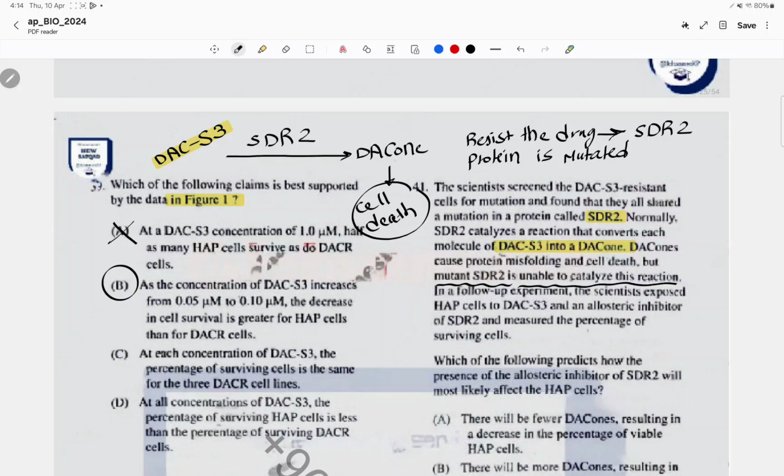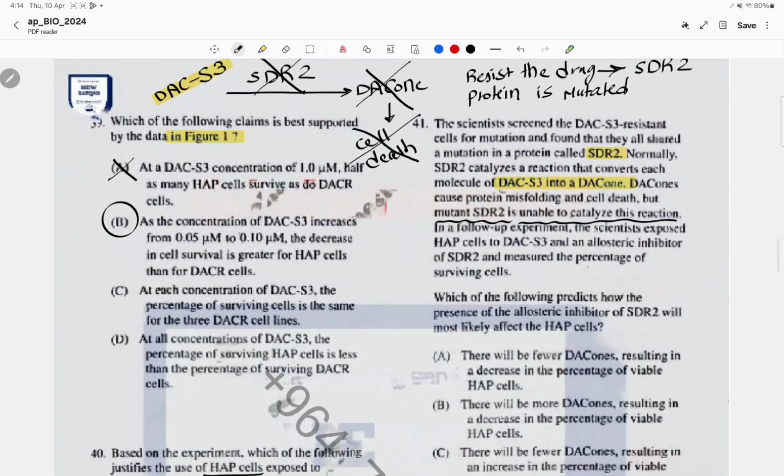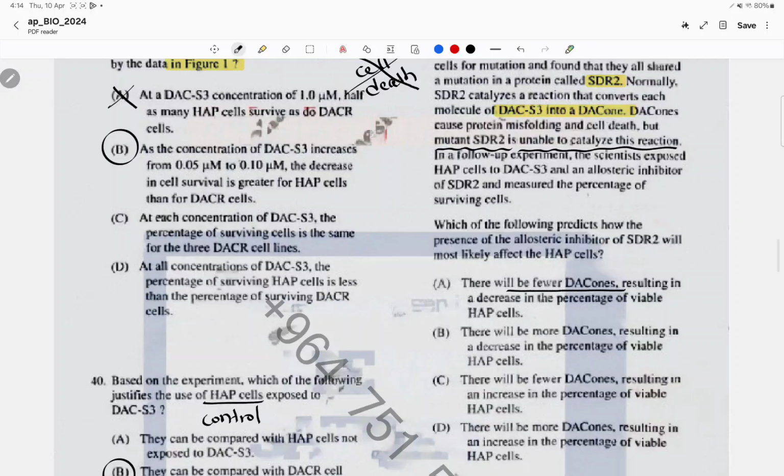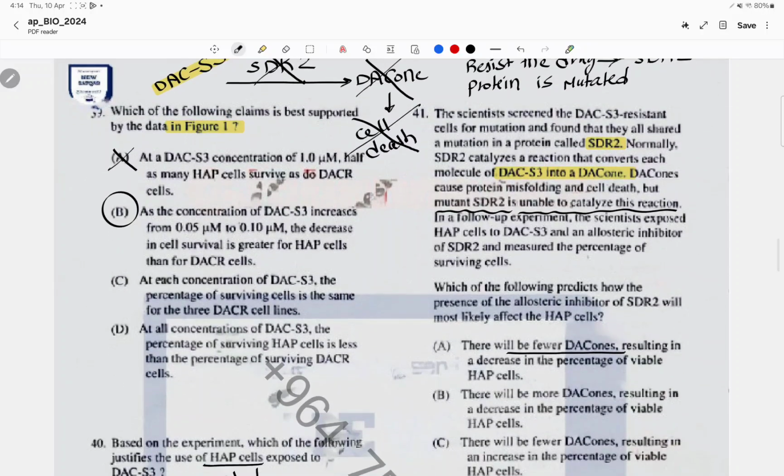If you inhibit SDR2, you can no longer get DA cone and you can no longer get cell death. So you get less DA cone, not more. So either A or C.